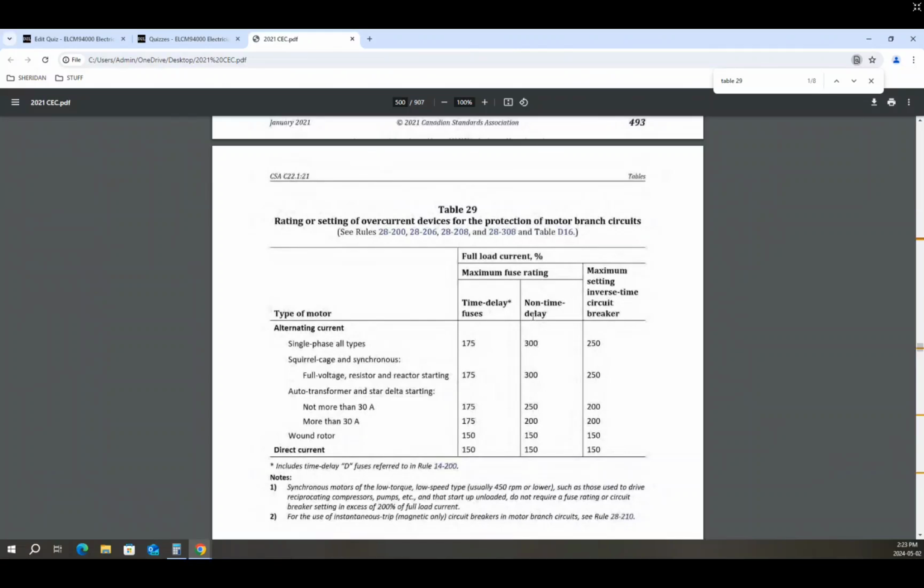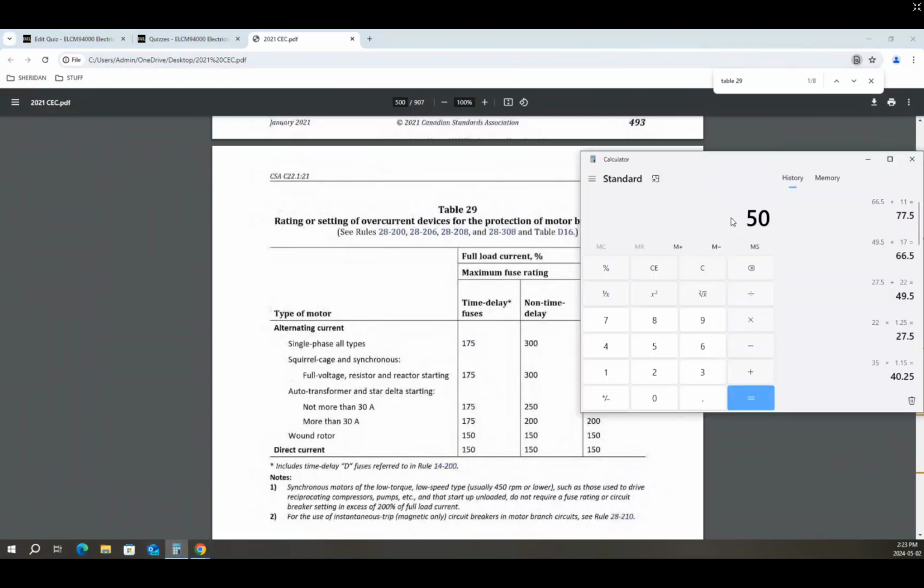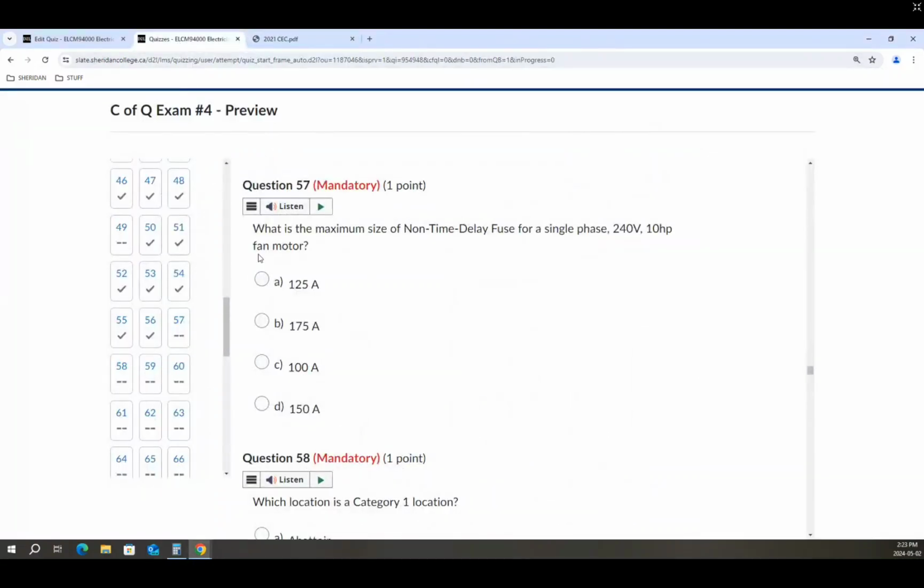So I have to do 300% times 50. So we'll times that by 3. So we get 150 amp fuse. There we go.